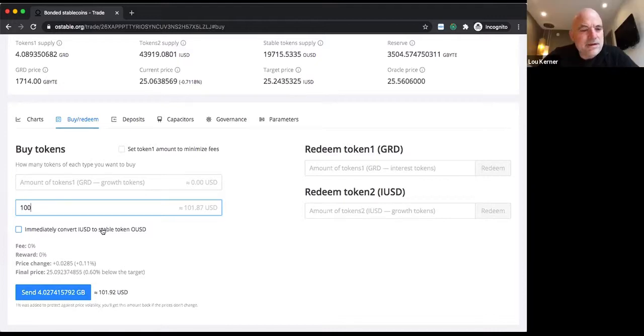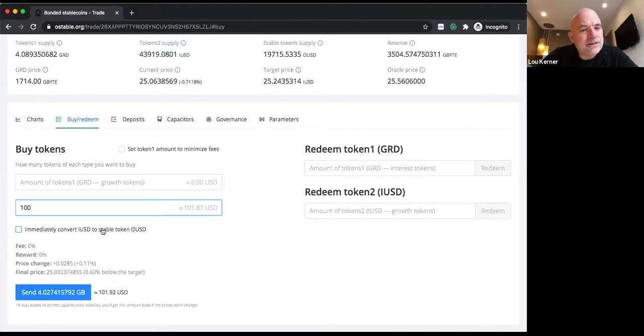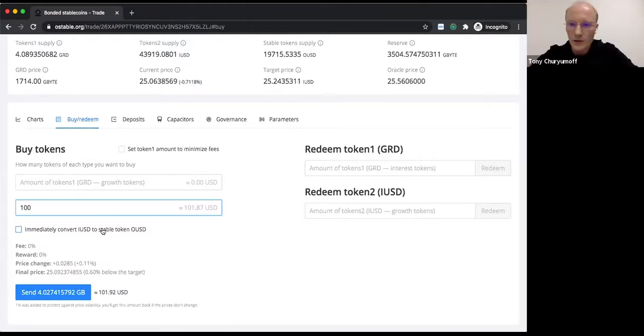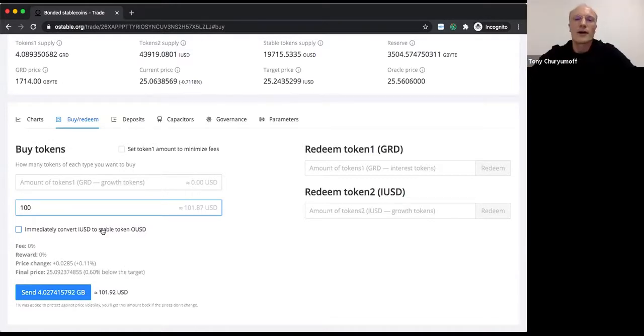I'll get to the percentage. And what are you buying it with? I am buying with Gbytes. It is the native currency of Obyte.